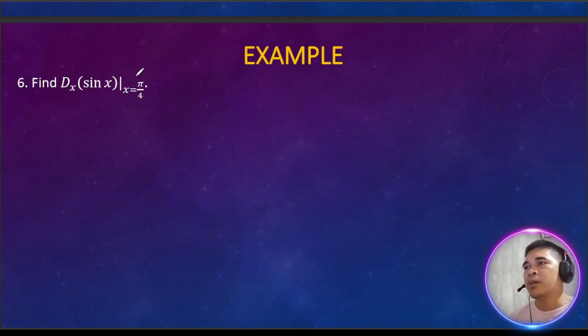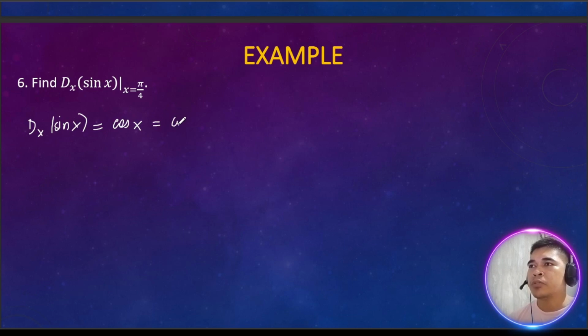So, that's it. And the last example: find the derivative of sine x such that x is equal to pi over 4. Take note from the previous example, example number 5, that d/dx of sine x is equal to cosine x. Now we just replace x with pi over 4. So, cosine of pi over 4.